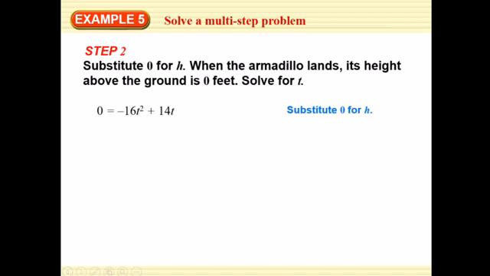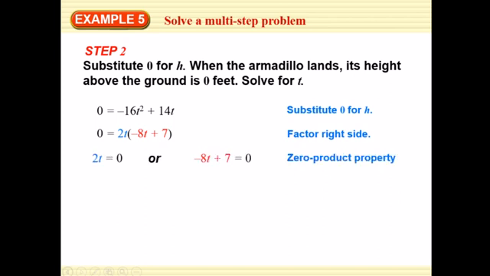So I need to solve for t. So the greatest common factor between negative 16 and 14, so we're really just looking at the 16 and the 14, is 2. And then between t squared and t, so I'm factoring out a 2t. I'm undistributing a 2t. I set each of those pieces of the product equal to 0. And then I solve.